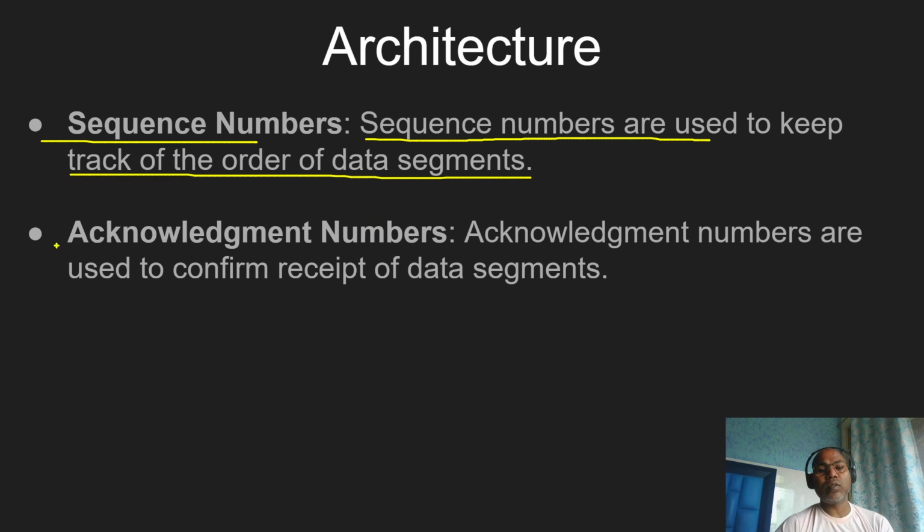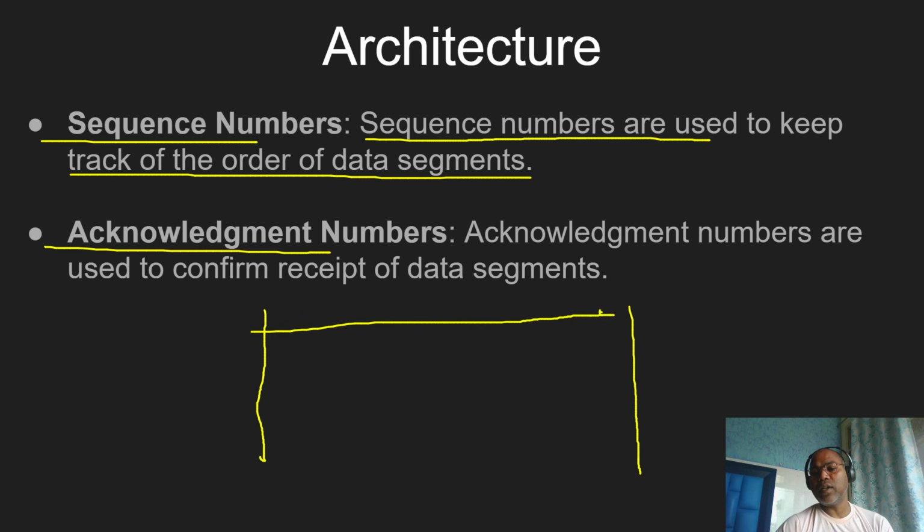Okay, the acknowledgement number is very, very important. Whenever the client or sender sends data and the server receives the segment packet, the server sends an acknowledgement, saying, hey, I received the data segment with this sequence number, whether success or failure.